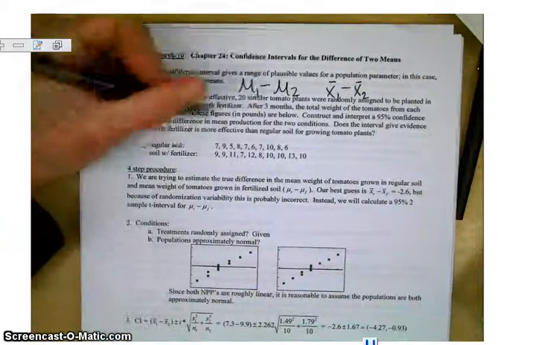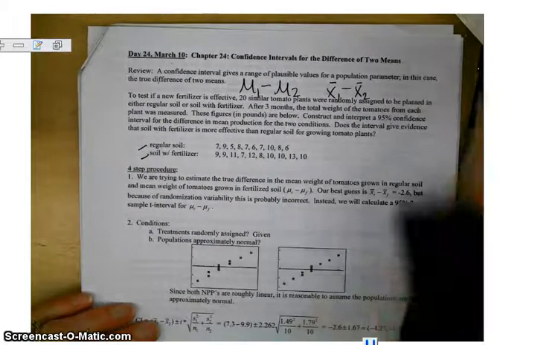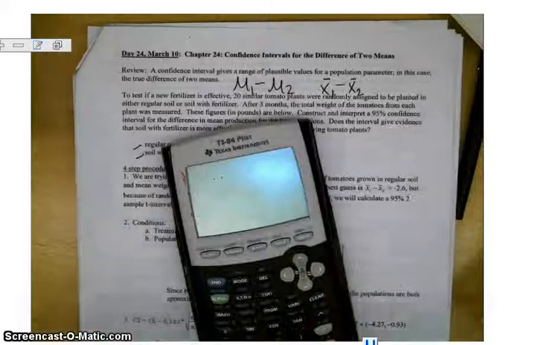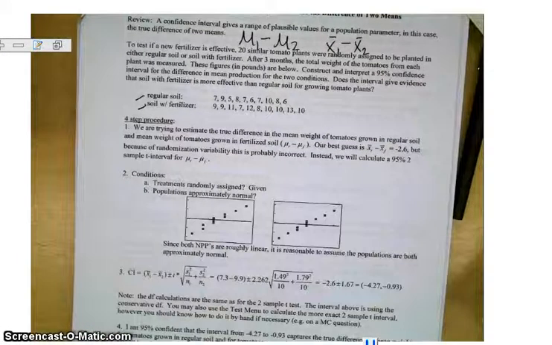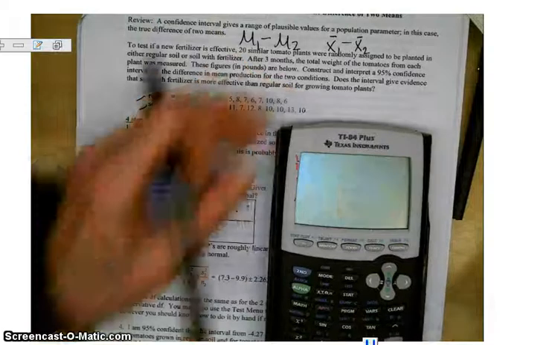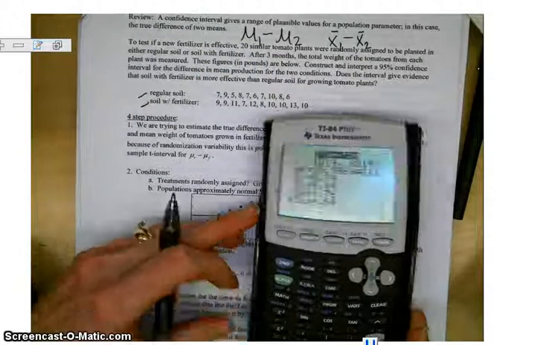So we've got our data here. If you want to be able to follow along with the calculations on here, it would be a good idea for you to put your data in lists.